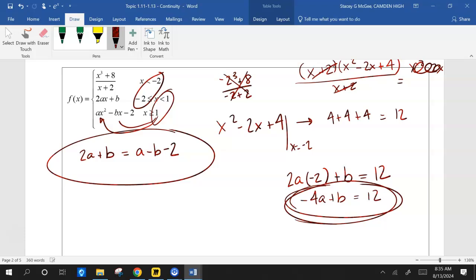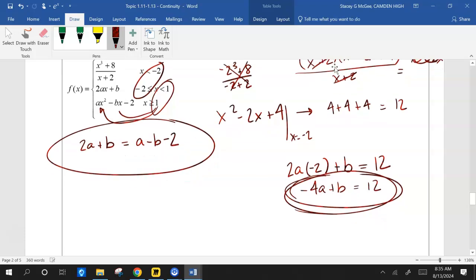It depends on what they're asking you. Solving it like, well, these won't solve this way. In order to solve them, I'm going to have to set up a system of equations. But this, whenever I plugged in negative 2, there's no a or b in here. So when I plugged in negative 2, I just got a value.